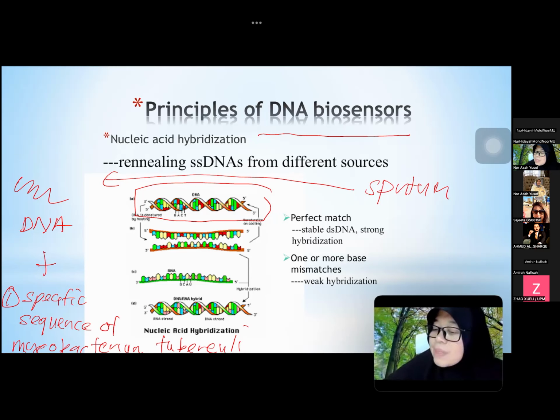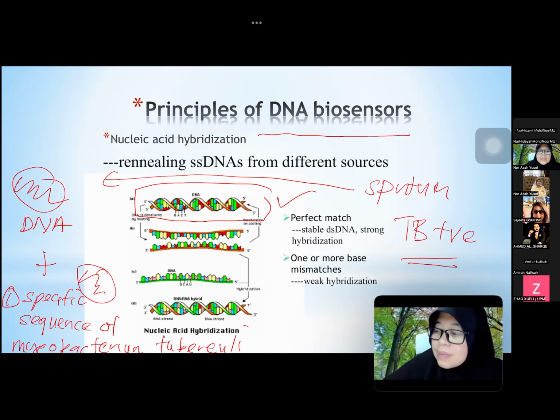So if the DNA here is a perfect match with the specific sequence that they have, then as I mentioned just now, you are TB positive. Okay, so let's say we have mismatches, 50% mismatch, 70% mismatch, then it is subjected to further study.